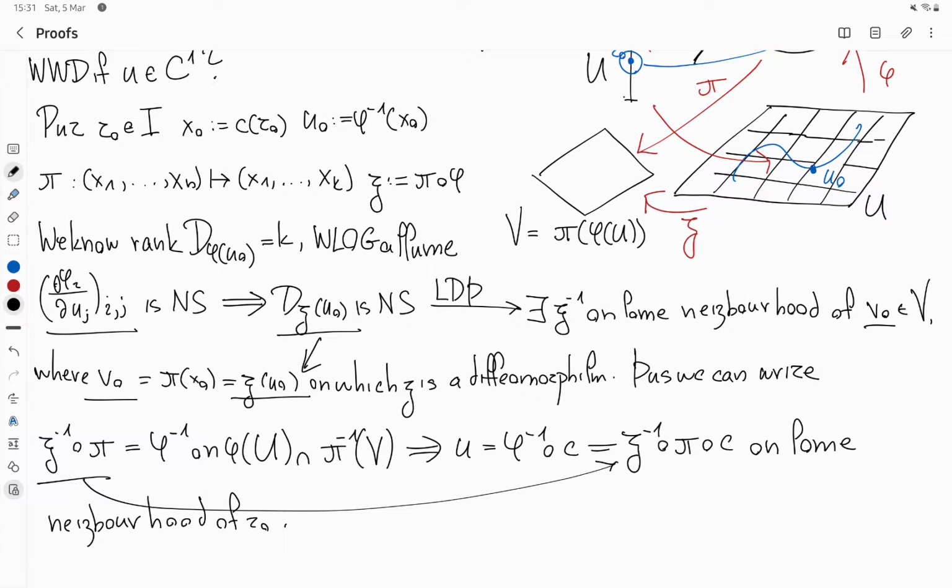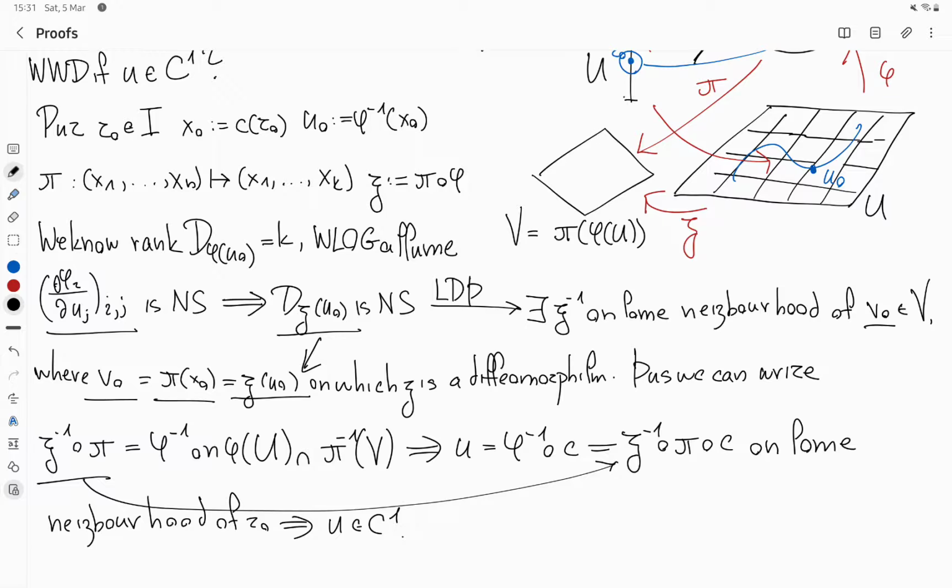Why t0? Because we want to feed pi x0, and of course C of t0 is x0. Right, but this means then that u is smooth. So the diffeomorphism wasn't too strong a notion after all.